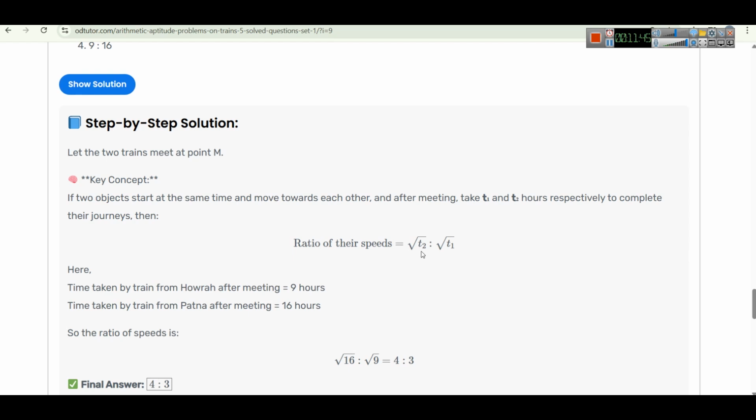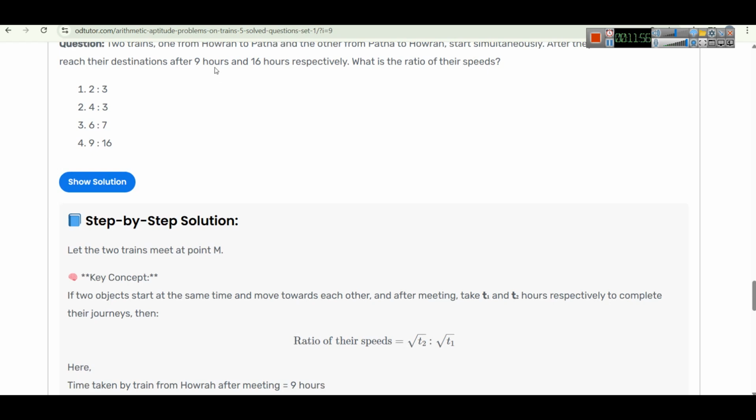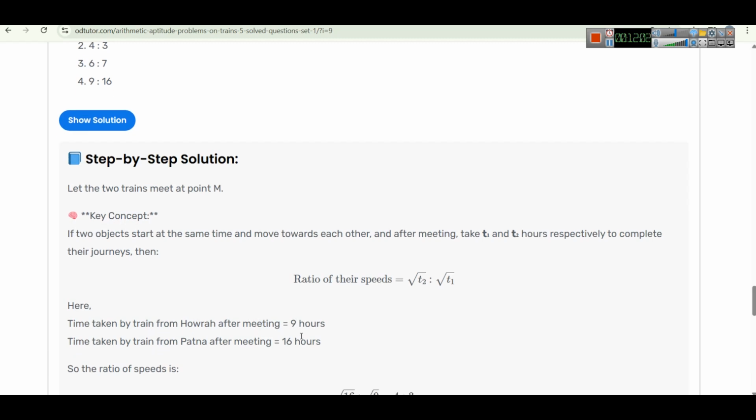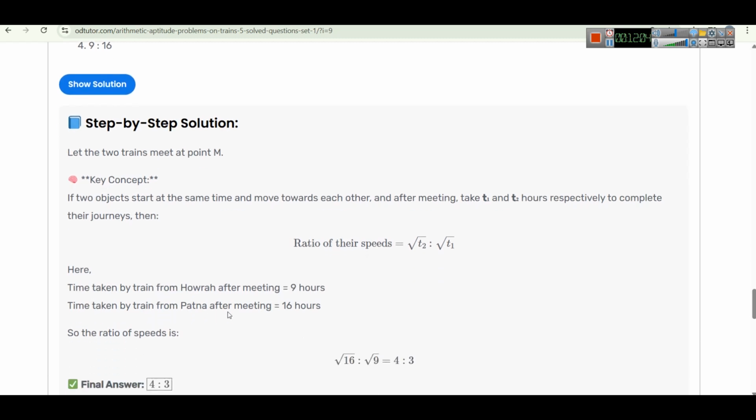So remember this formula. Whatever time is taken by train 2 divided by time taken by train 1. Here it is given time taken by train 1 is 9 hours and time taken by train 2 is 16 hours. So you will just reverse it.